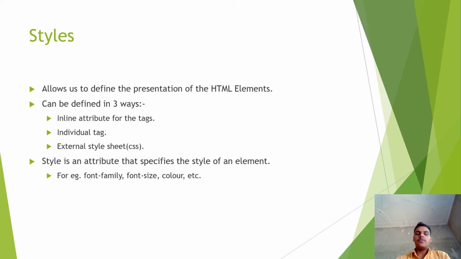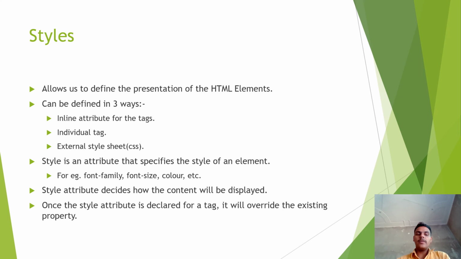Style is an attribute that specifies the style of an element, for example font family, font size, color, etc. The style attribute decides how the content will be displayed. Once the style attribute is declared for a tag, it will override the existing property.